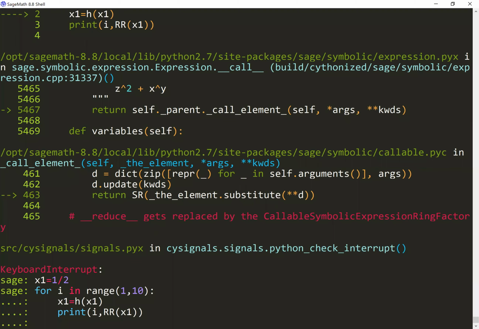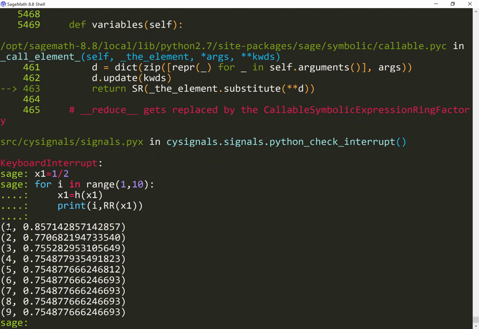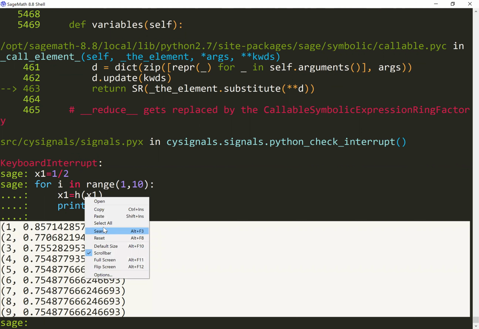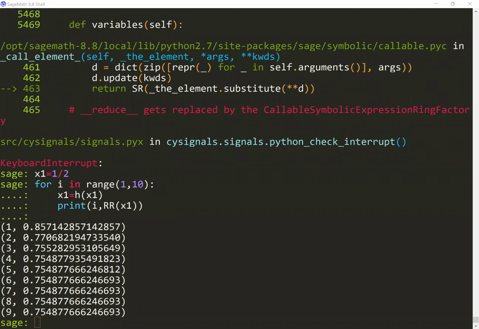Then we just run this algorithm again, so that we can save the following data. Then we make it bigger.